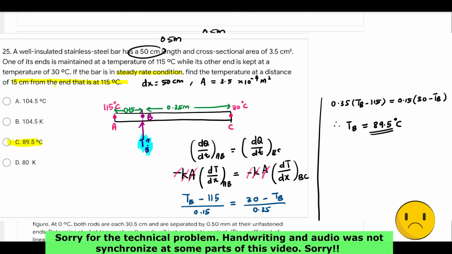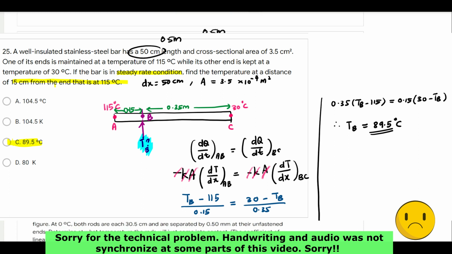This is from A to B, and this is from B to C. So now we can cancel out negative K and A.